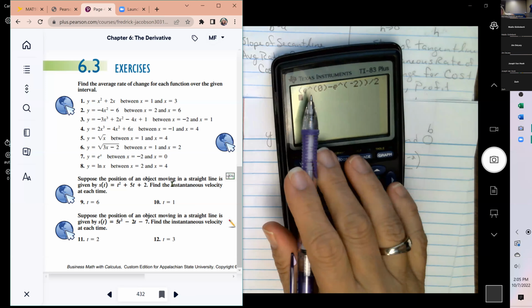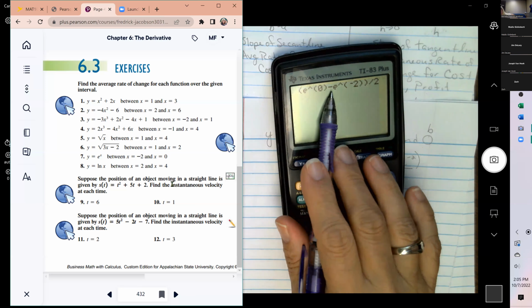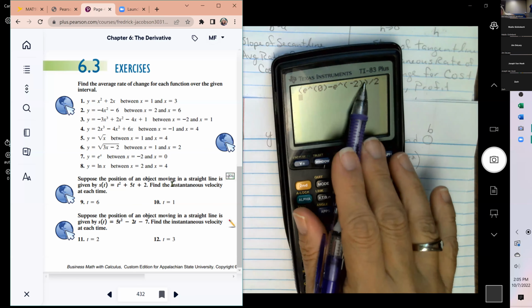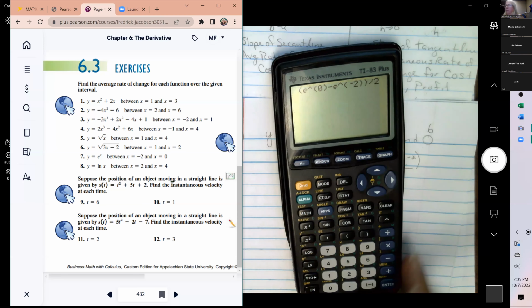So I put a parenthesis and then I have e to the 0 minus e to the -2, and then I close that parenthesis before I divide it by 2. So everyone getting 0.432?